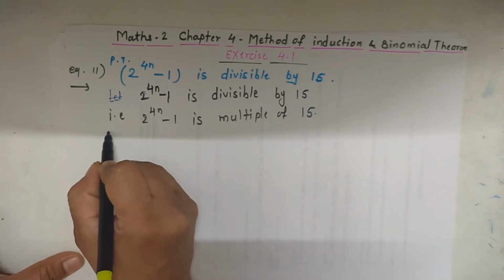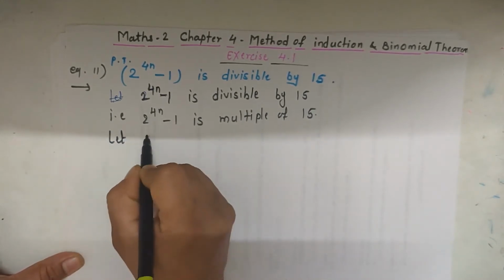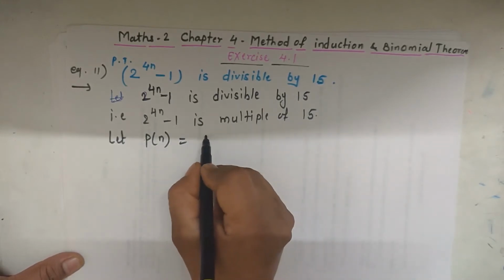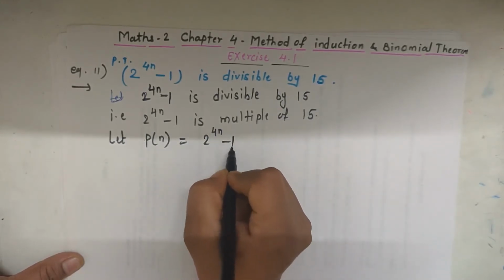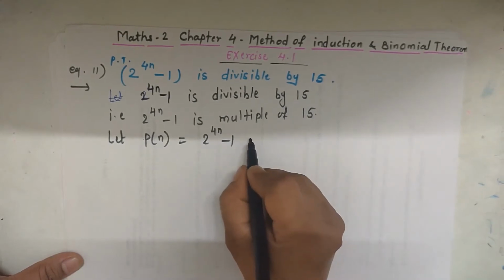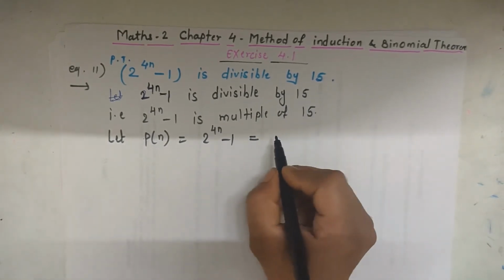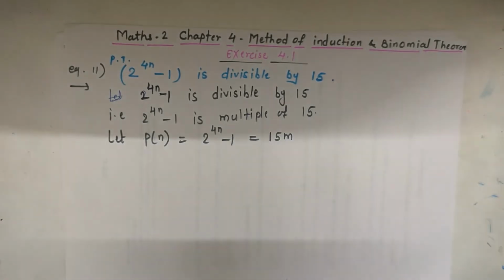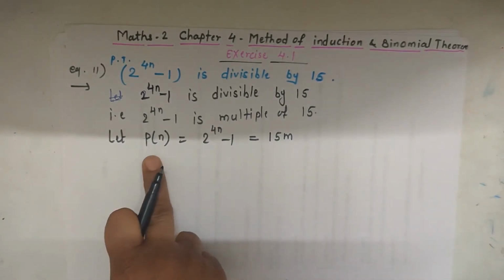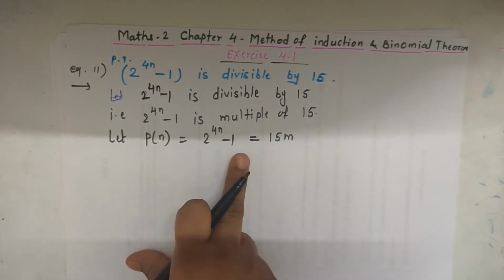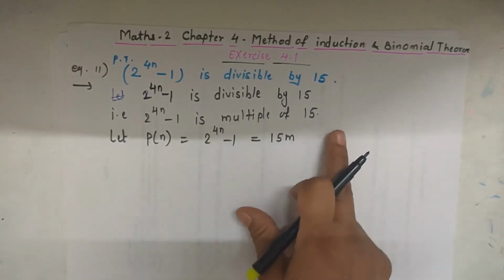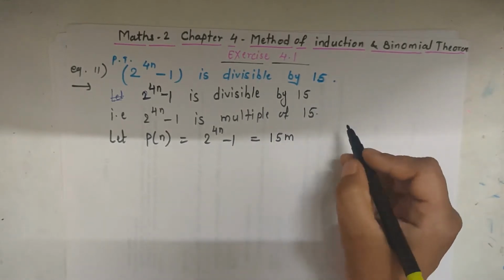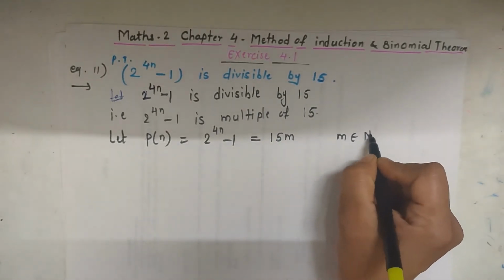Here the given statement is denoted by P of n. So P of n is equal to 2 raised to 4n minus 1 is equal to 15 into m. Here m belongs to the natural numbers.